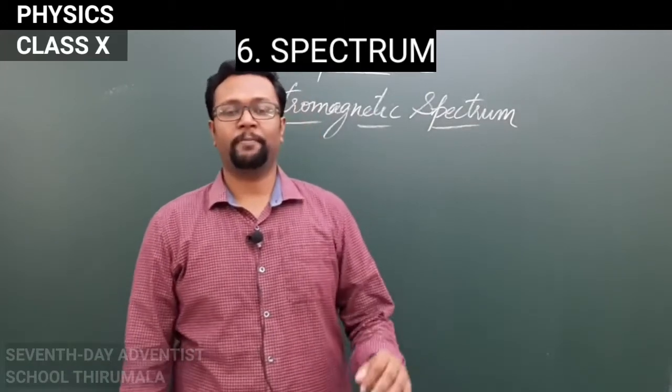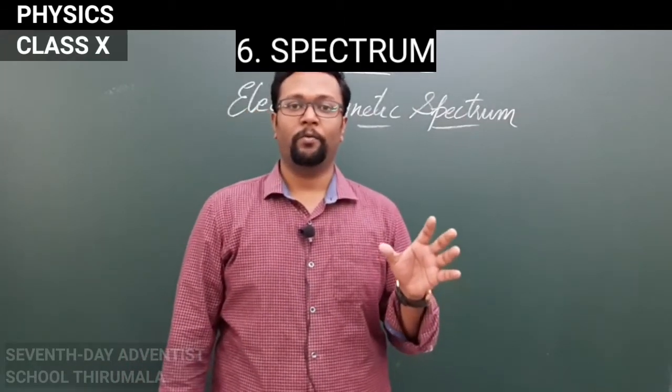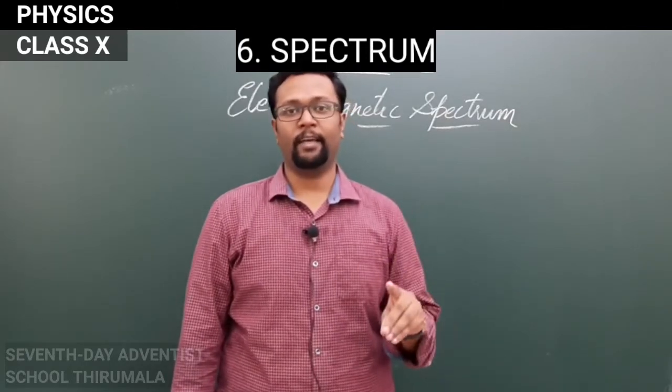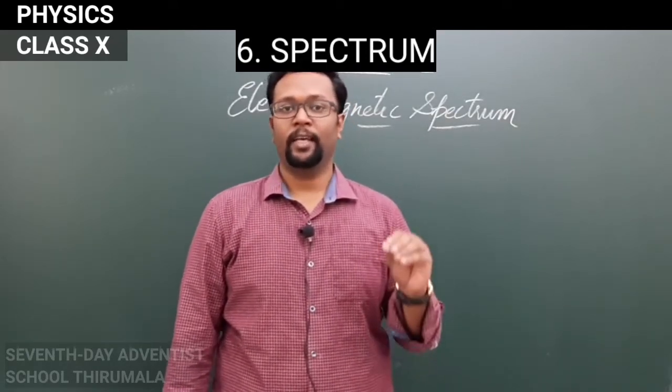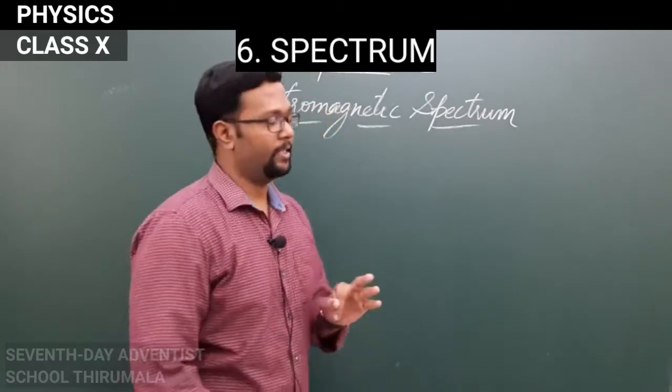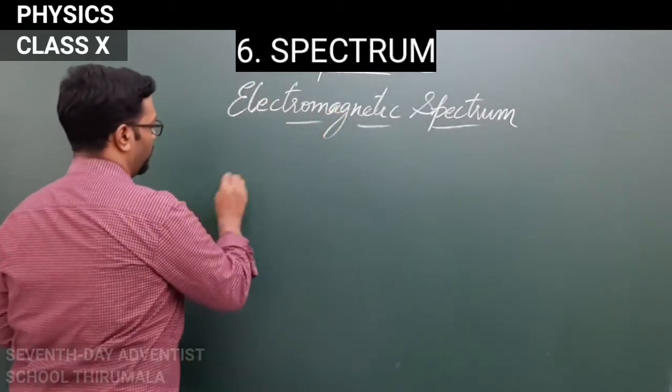So the electromagnetic spectrum contains various waves such as gamma rays, X-rays, ultraviolet rays, visible light rays, infrared rays, microwaves and radio waves. I will write them all in the increasing order of their wavelength.